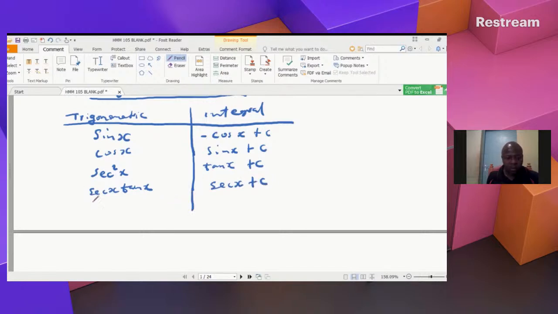We have also cosec square x. The integral of this will be negative cot of x plus constant of integration. So I just want us to look at a few examples where we can apply these formulas.